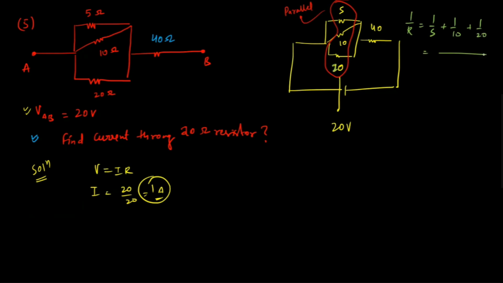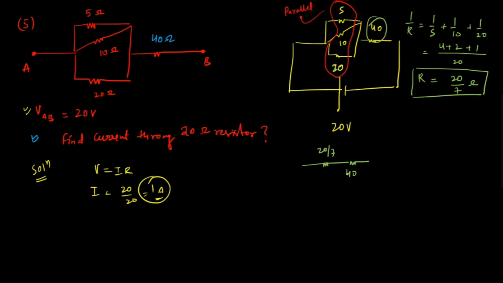We solve this and get 4 plus 2 plus 1, so R is going to be 20 over 7. The R we got in place of the 3 resistors is 20 over 7, whereas this resistor is 40 ohms, it stays here as well.